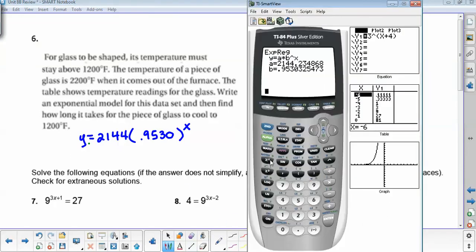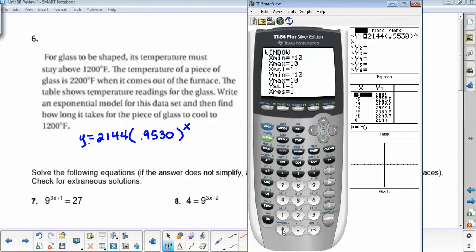If you put this in your y equals, clear this one out, you have 2144.9530 to the x. And then we need to be able to see that in the graph. So I'm going to change my window.